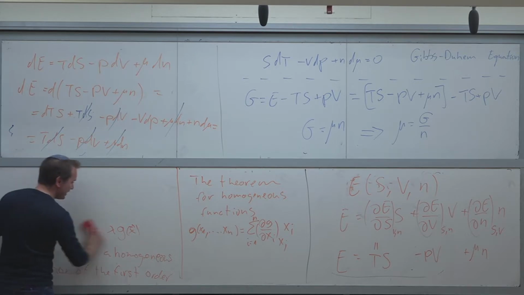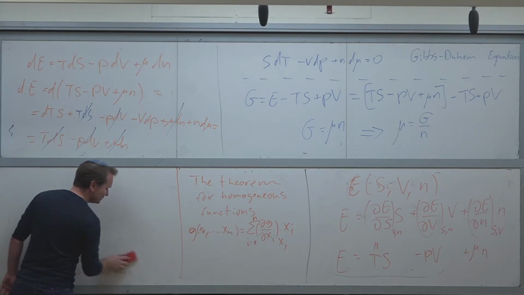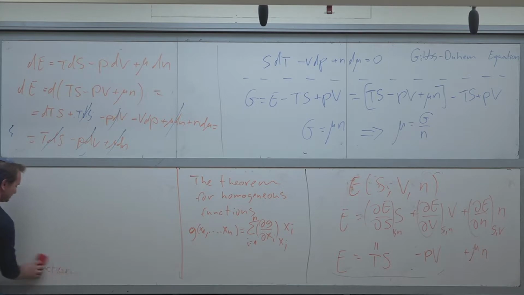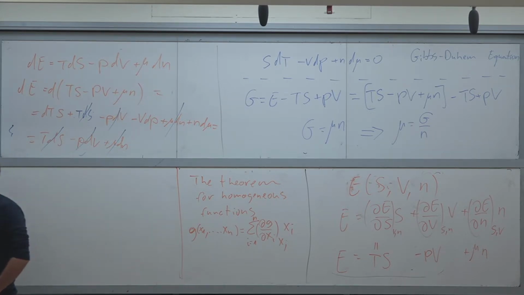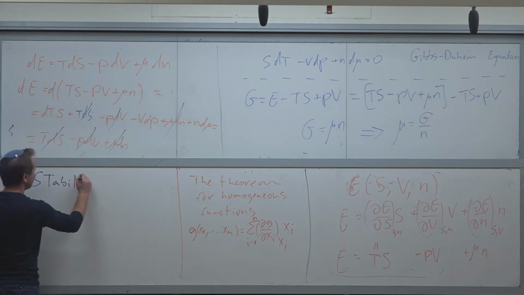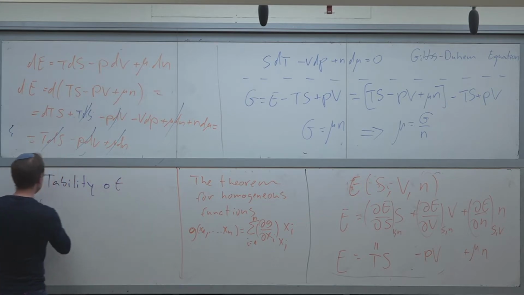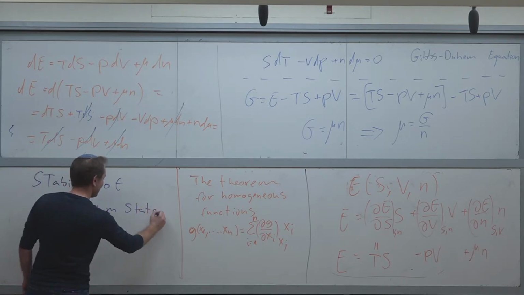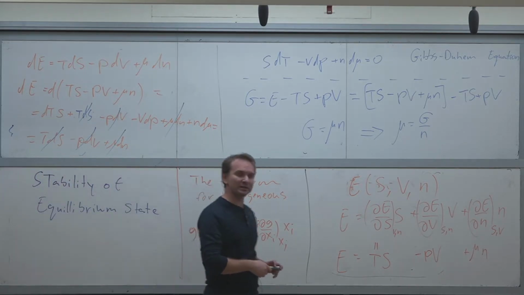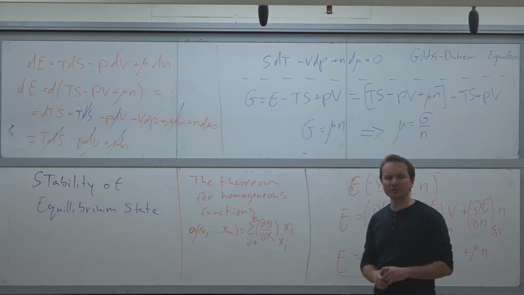What we are going to do now is talk a little bit more about something that is much more physical, and this is already stability. What I mean by stability of an equilibrium state: what we know so far are the properties of different equilibrium states.